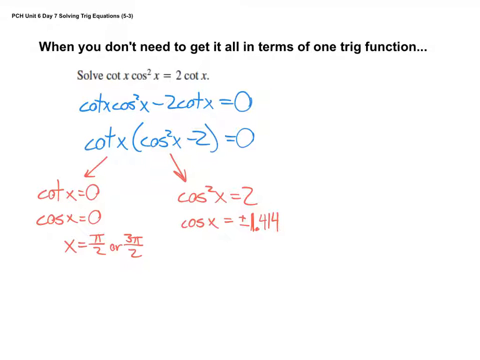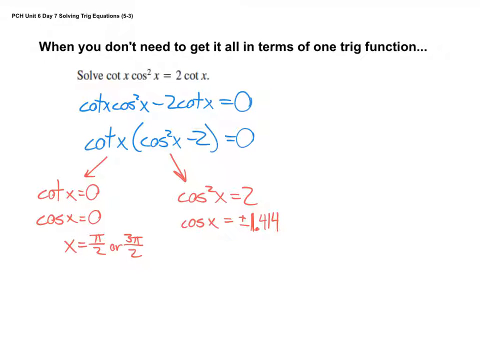Cosine of pi over 4 is root 2 over 2. Can I just double it? And he just proved that we can't, because we know the cosine of 90 degrees is 0, not 2.